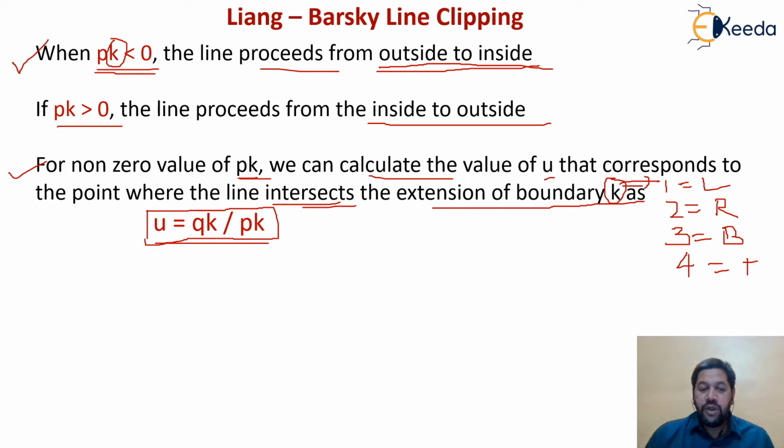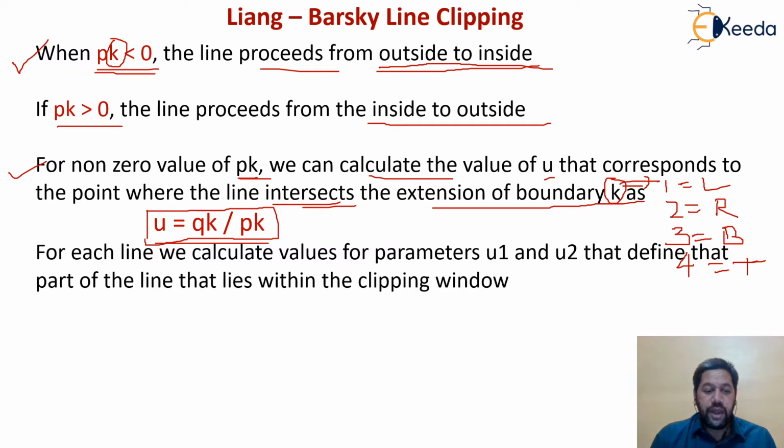Now here we are going to find this with the help of the u value. For each line, we have qk1 divided by p1, meaning for the left edge, then the right, bottom and top. For each line we calculate the values of parameters u1 and u2.